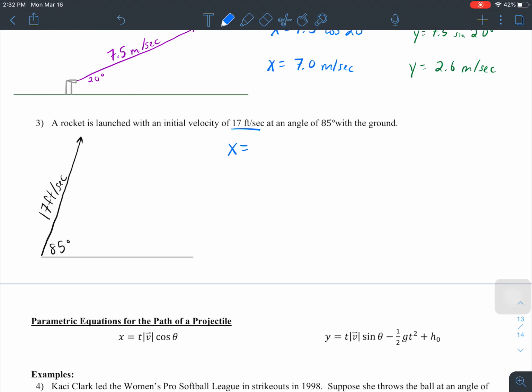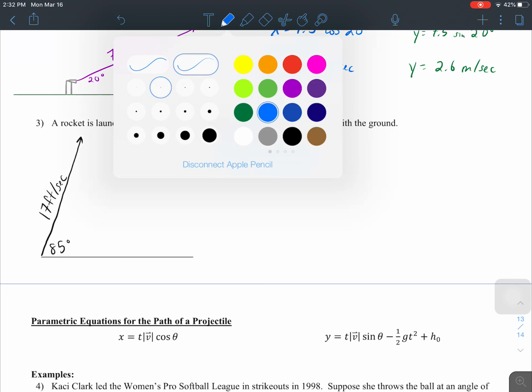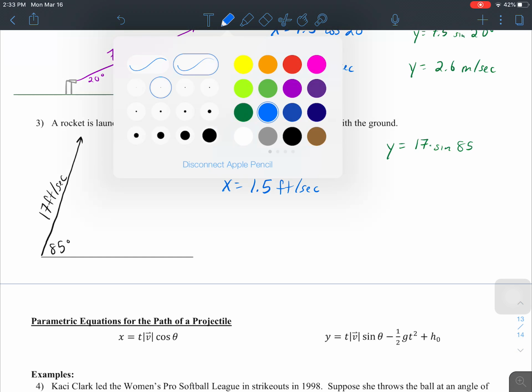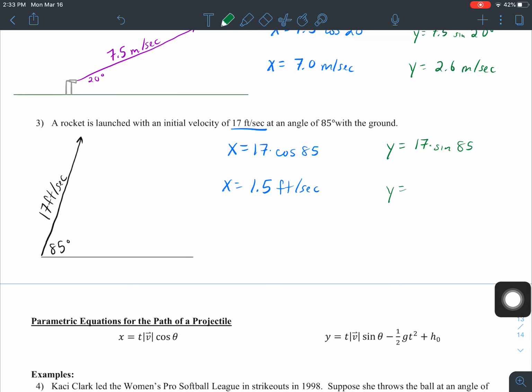X equals our force, 17 feet per second times the cosine of our angle, and the vertical is the same thing except it's going to be sine. Go to the calculator for both. I get about 1.5 feet per second for the horizontal, and about 16.9 feet per second for the vertical.